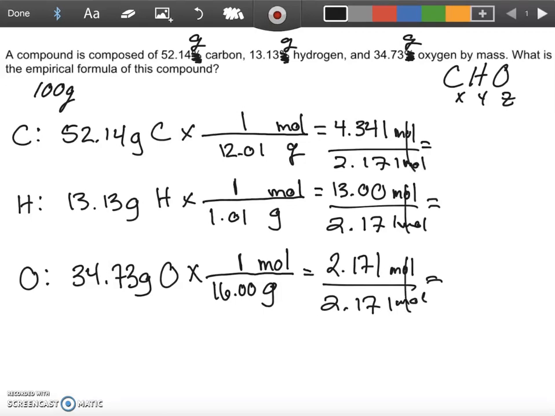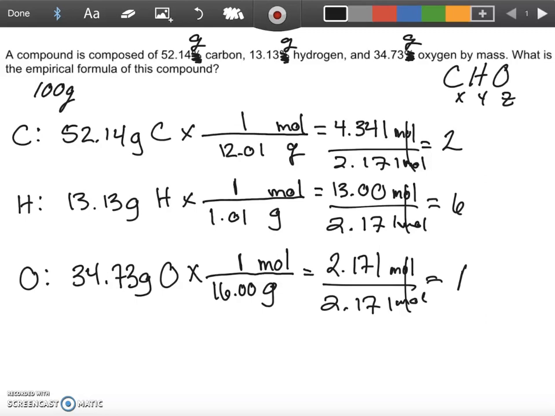Alright, let's go ahead and calculate that out. 4.341 divided by 2.171. That comes out to 1.99, which is essentially 2. 13.00 divided by 2.171. 5.98, which is essentially 6. It's close enough to round. And this comes out to 1.